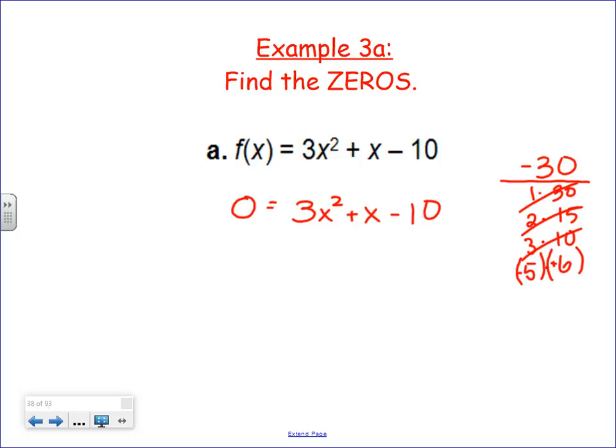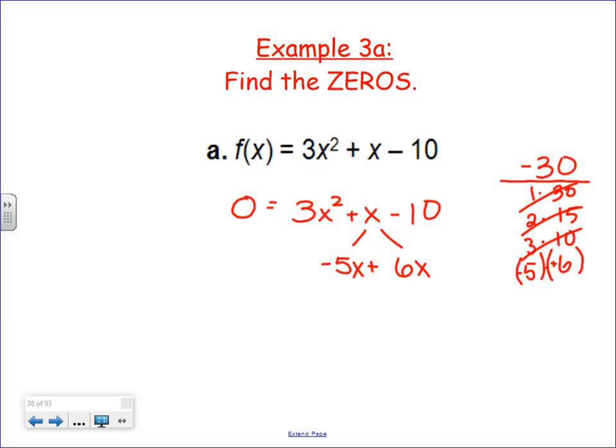True? Okay, now what do we do with those two numbers? That's great now. But now what? Split up that middle term and say you came from two different ones: negative 5, positive 6, but they're x terms because they had to make 1 x.